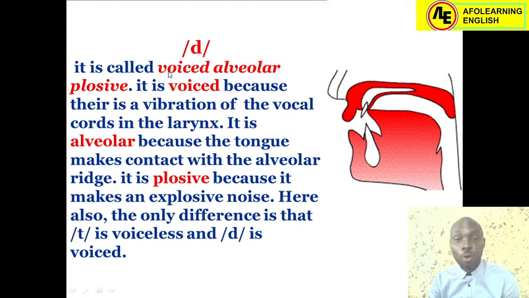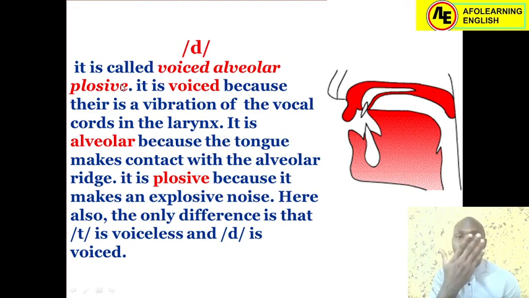It is called voiced because when you pronounce this sound, d, d, d, there's a vibration of the vocal cords around your neck. That's the larynx. It is called alveolar because when you pronounce the sound, the tongue makes contact with the alveolar ridge. And it is called plosive because of the explosive release of the air stream when you pronounce the sound.